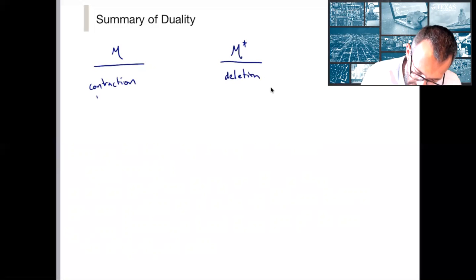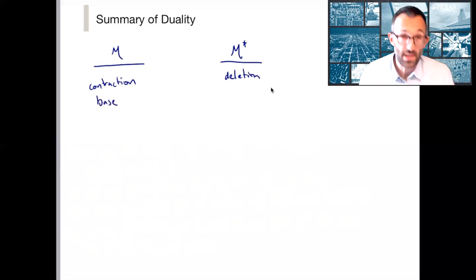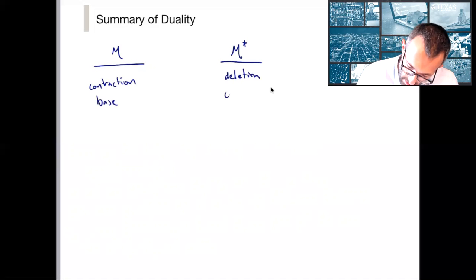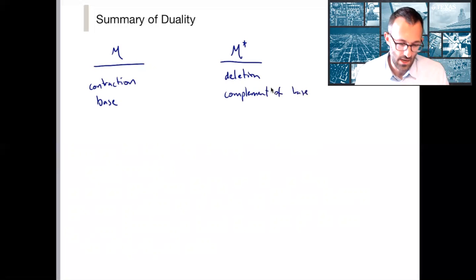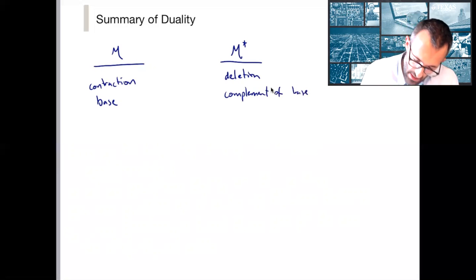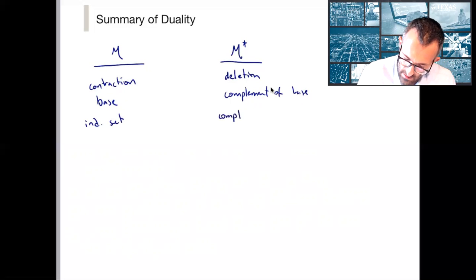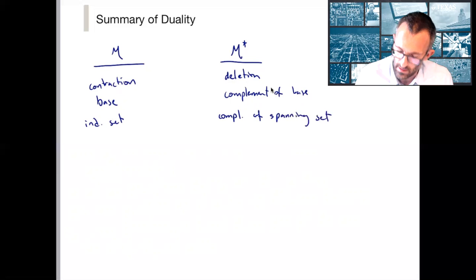And then in terms of some other definitions, a base in M is a complement of a base in M star. An independent set is the complement of a spanning set, not necessarily a base.